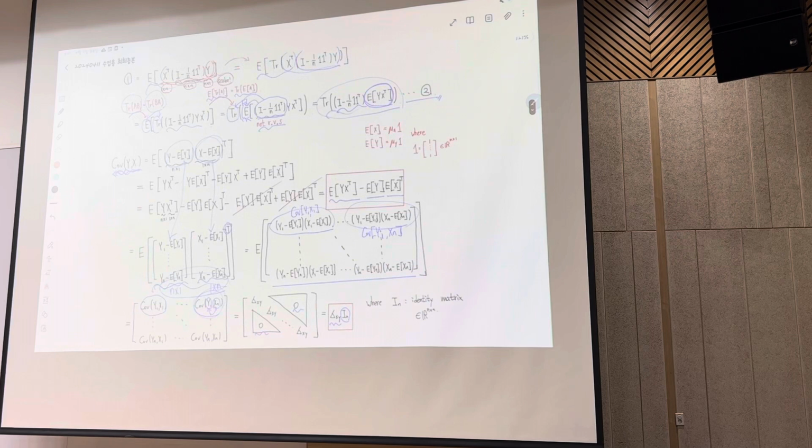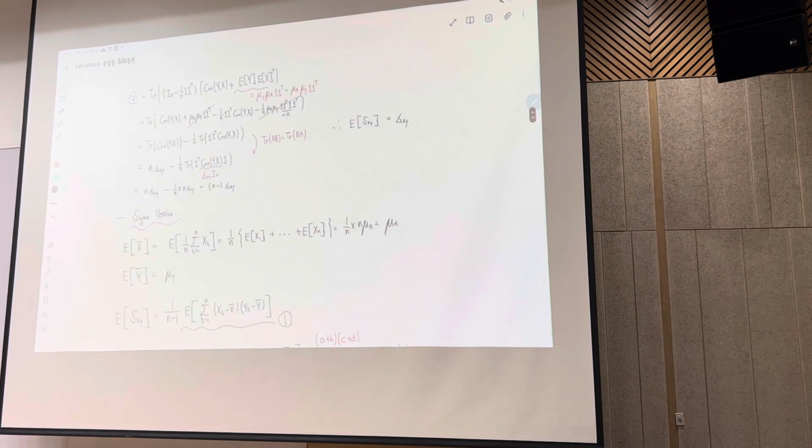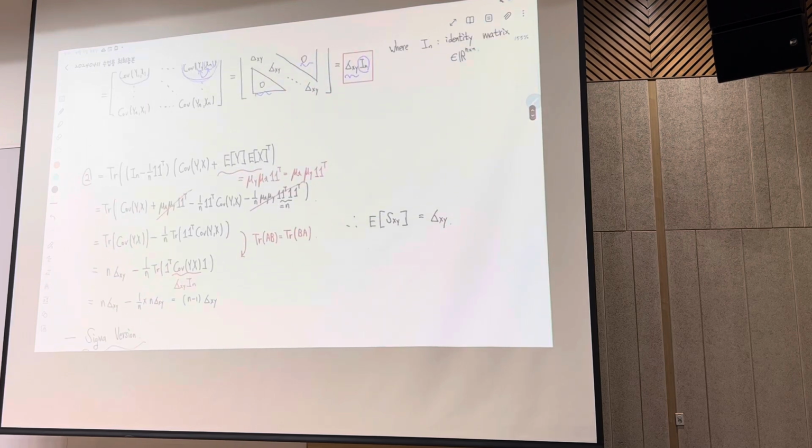So equation number two can be rewritten like this. Expectation of y x transpose is equal to covariance of y, x plus expectation y, expectation x transpose.